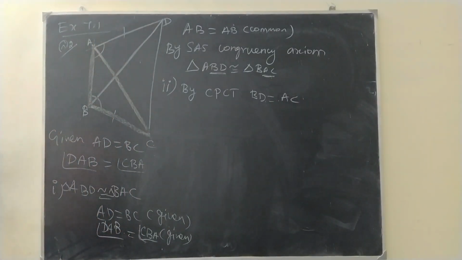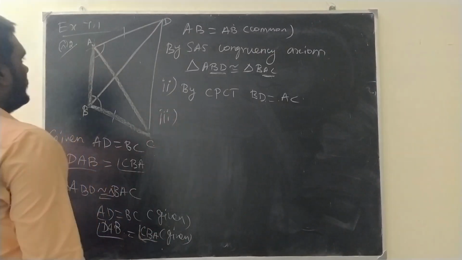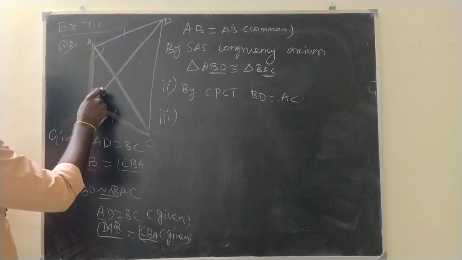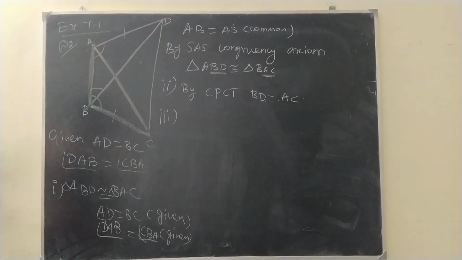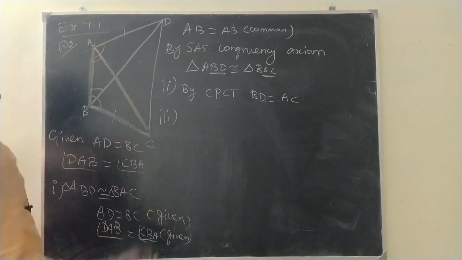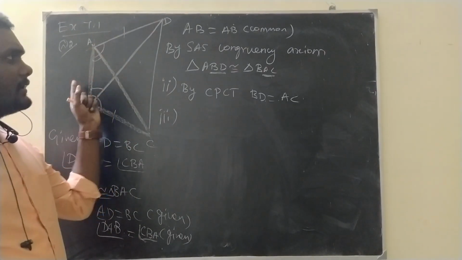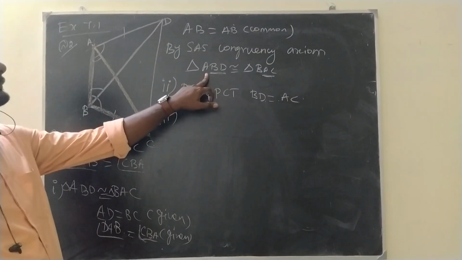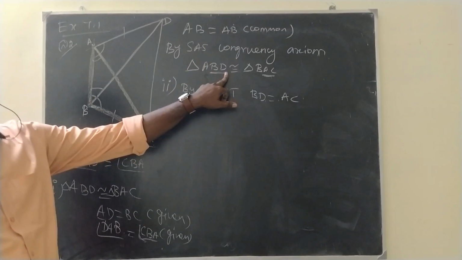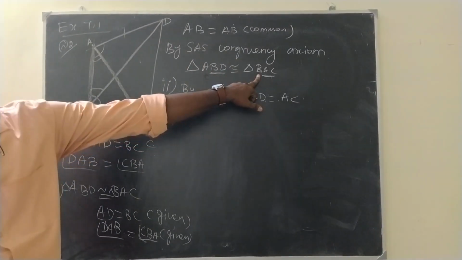And then the third subdivision, angle ABD equals angle BAC. Angle ABD means this part, equals angle BAC. Angle BAC means this part. Quite difficult to differentiate these two things. Here you see angle ABD equals angle BAC.